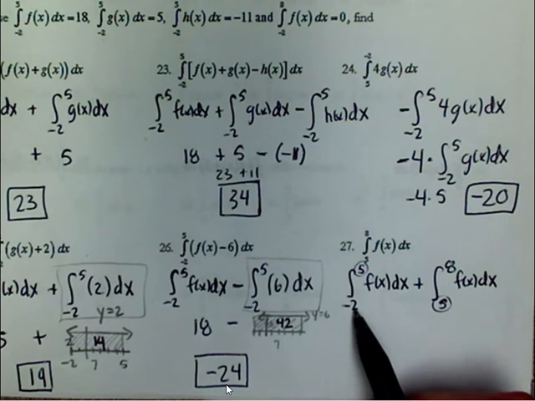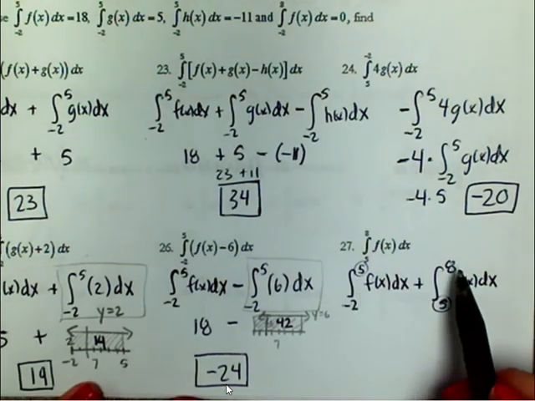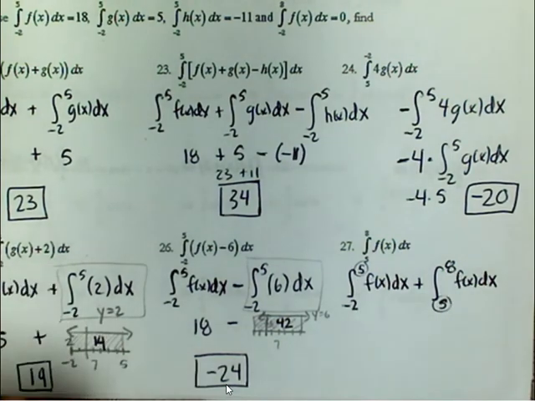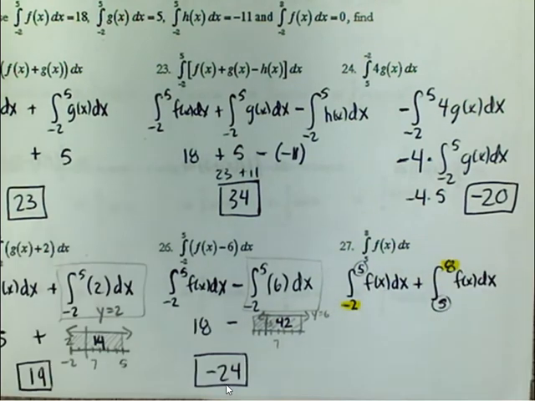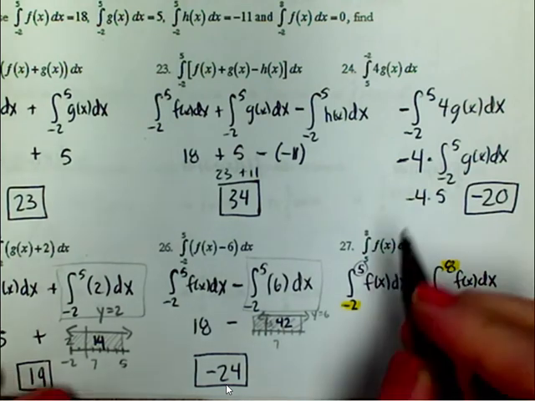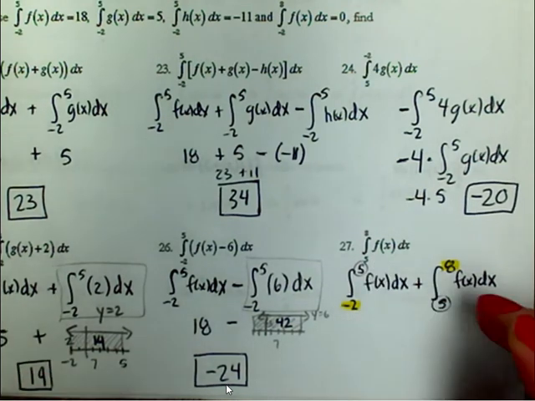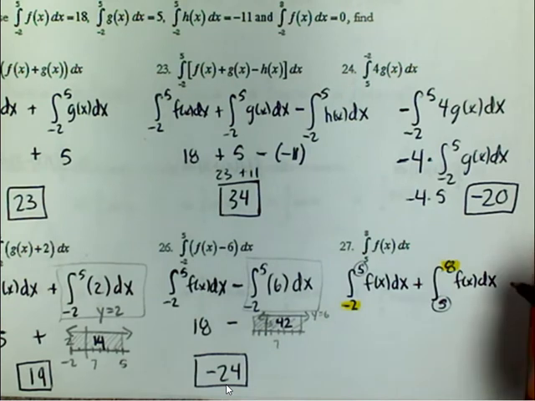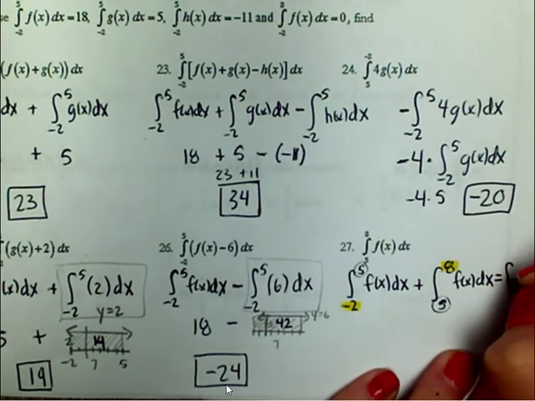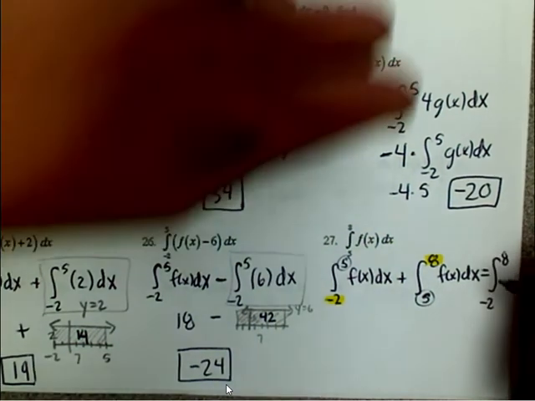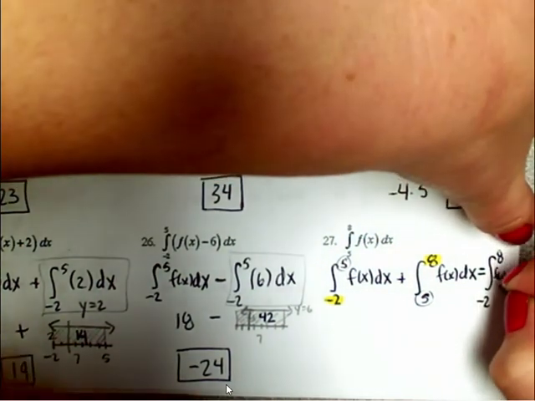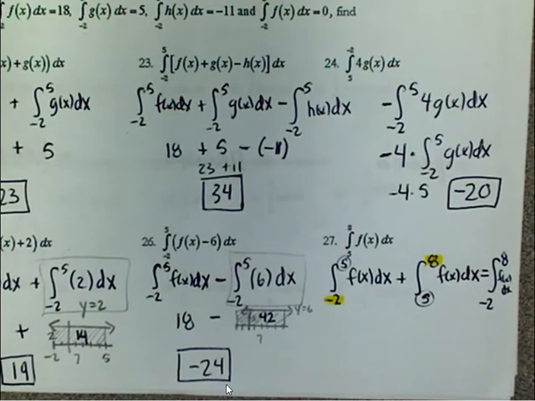Okay, negative 2 to 5 and 5 to 8 will equal the integral from negative 2 to 8. And what we're trying to do is have one unknown integral and then two that we do know. Negative 2 to 8. So my notation is a little bit bad. So f of x dx.